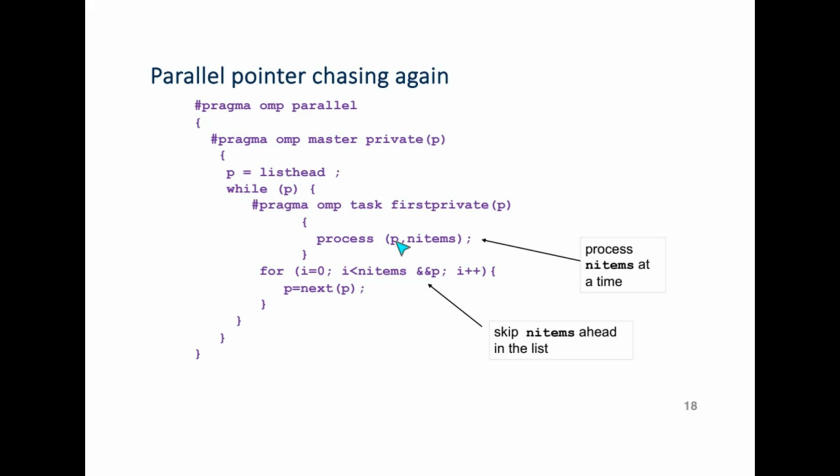The call to process will internally have a sequential traversal of part of the list going on. So you might need to refactor your code in this way to make sure that the tasks are big enough. Of course, you also need to make sure that you don't have too few tasks. If you have too few tasks, the risk is that you don't have enough work to keep all the threads busy and well load balanced.